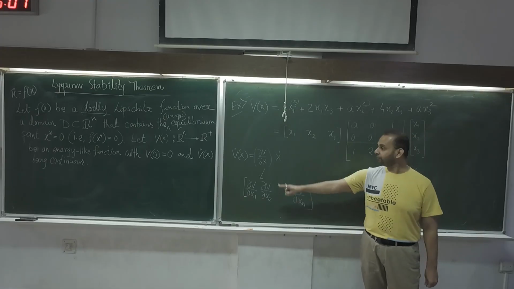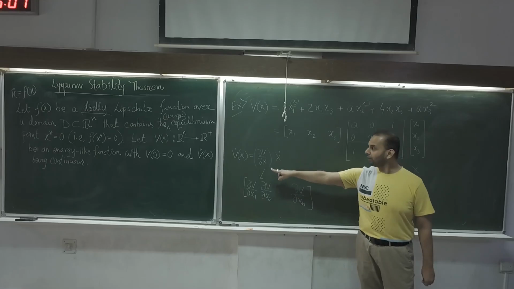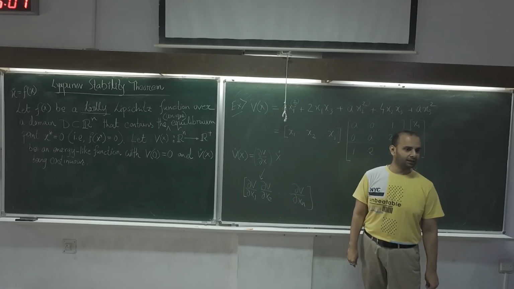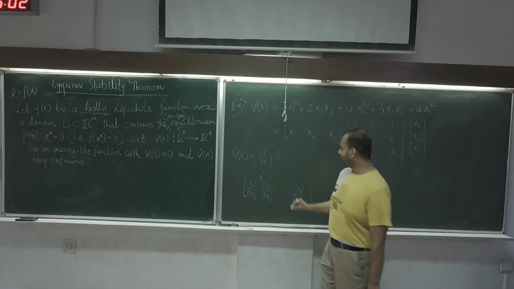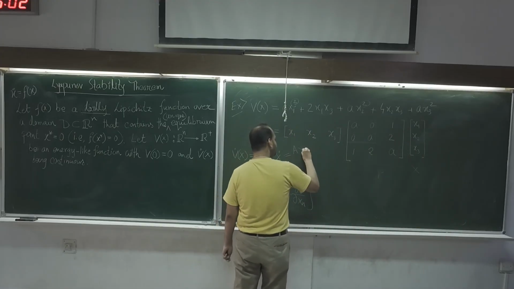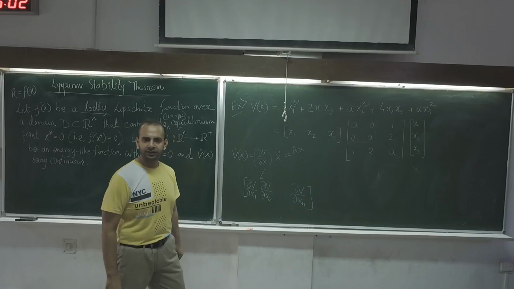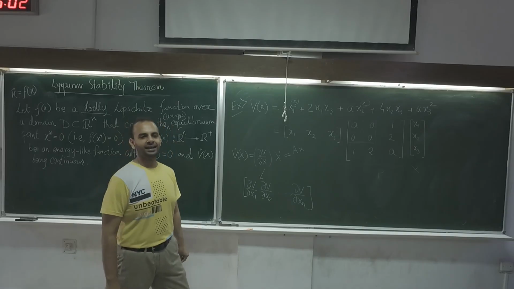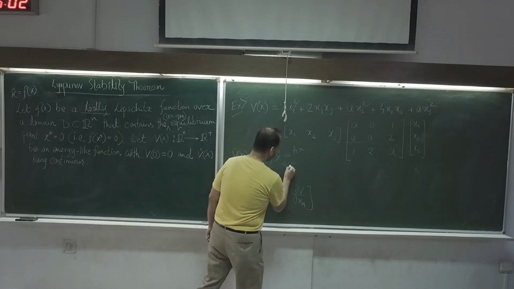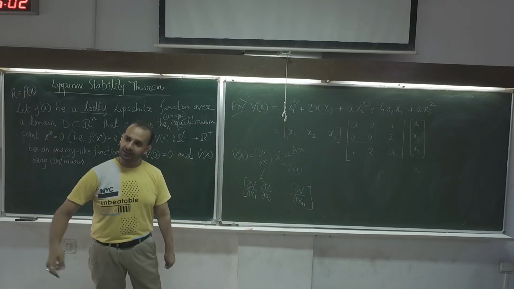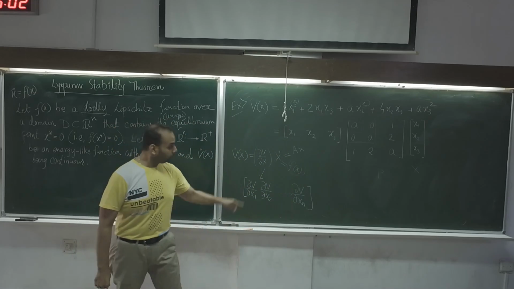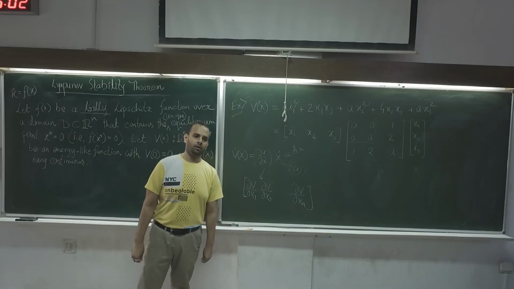V dot of x not only depends upon del V del x, it depends upon x dot as well. If it is LTI, x dot is simply A of x, which is a linear function. It doesn't give you much headache. But if it is nonlinear, that is your f of x, very bad types of nonlinearities may also be there, which can cause trouble.